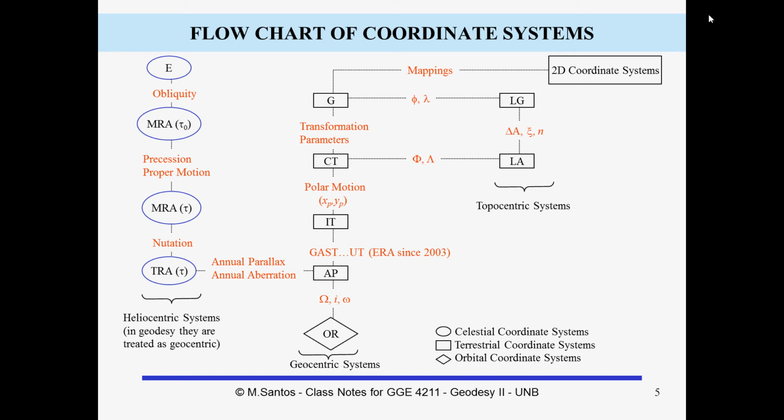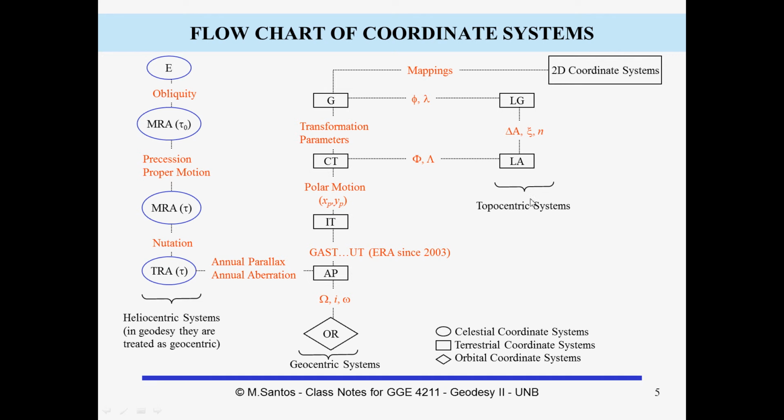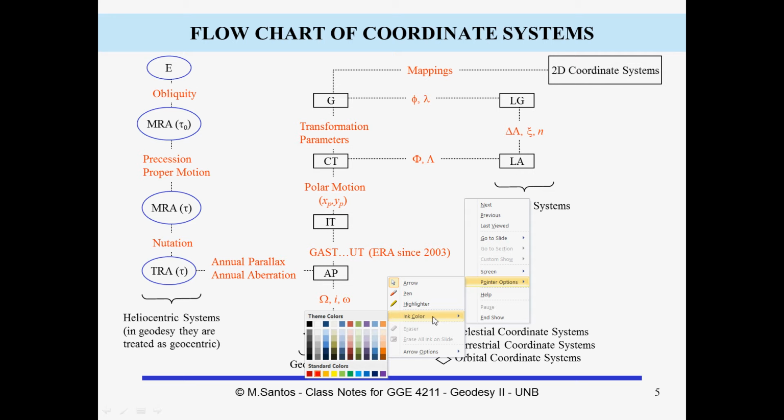Basically, we have to mention that the celestial coordinate systems in Geodesy are treated as geocentric, and we also have all these parameters. Let me go and get a color here. Let me see, pointer options, ink color. I will stick with the gold or the red.